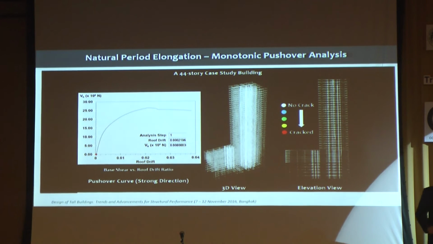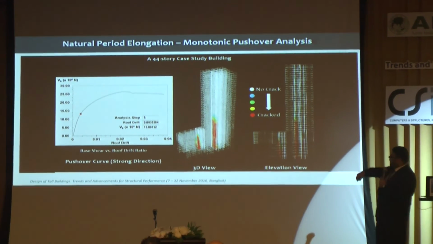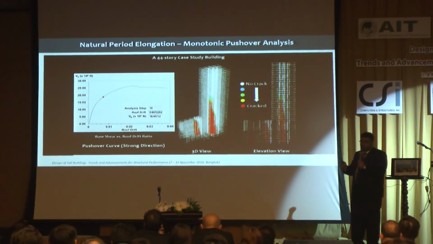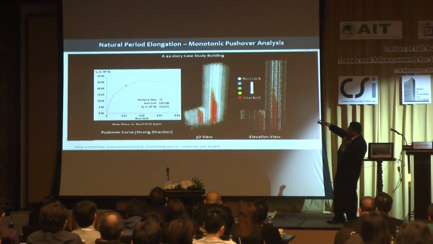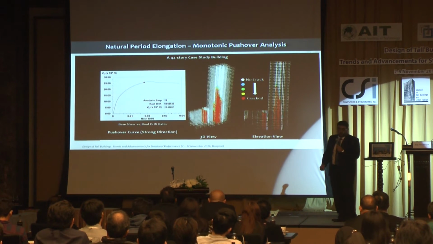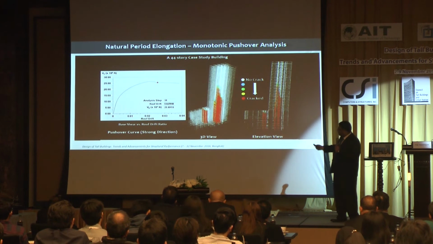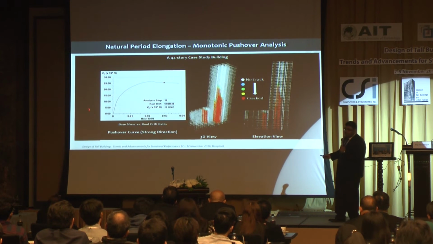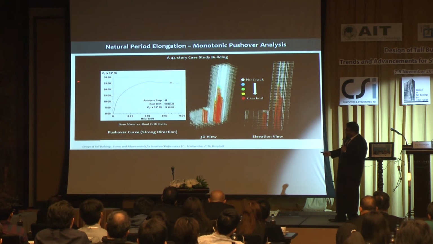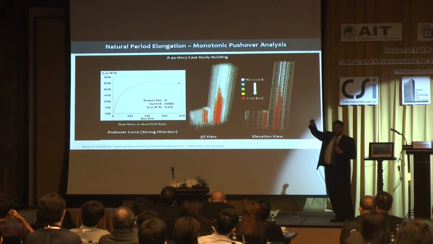What we did is that we had nonlinear models of our case study buildings, and we conducted their monotonic pushover analysis, and we monitored their stiffness softening. You can always check the damage or softening of your structural elements with the increasing lateral load. So, point by point, you can monitor the stiffness all along the curve, the secant stiffness.